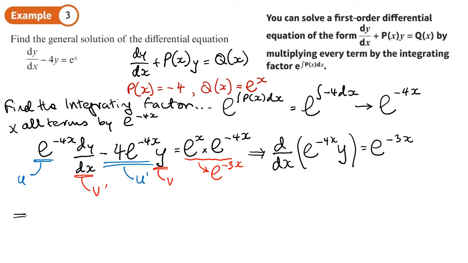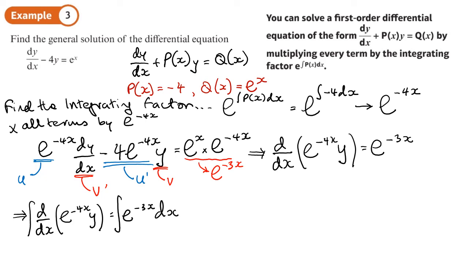Then we're going to integrate both sides like this. So this should be a dx after this side, like that.